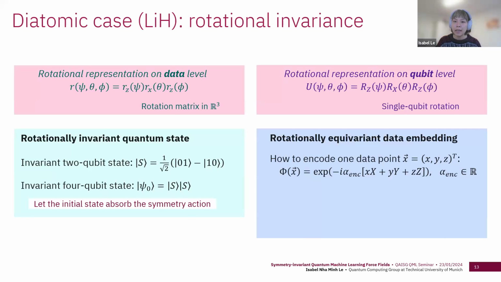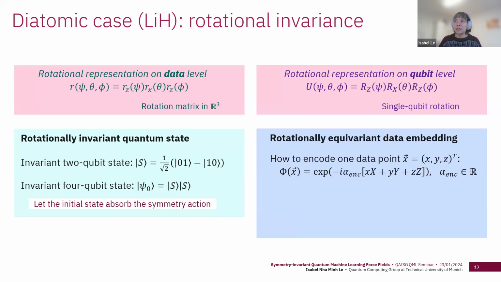And then next, we also need an equivariant data embedding. So we choose to encode a 3-dimensional data point with this following scheme that I've shown you here, where we also introduce a new scaling factor alpha, which I call the encoding angle. And this is actually a trainable parameter.